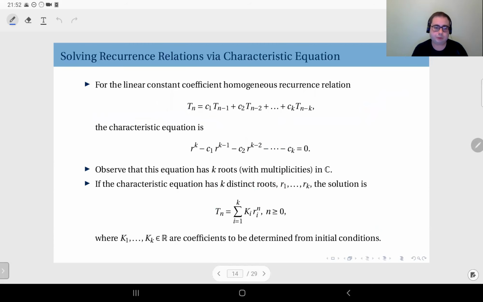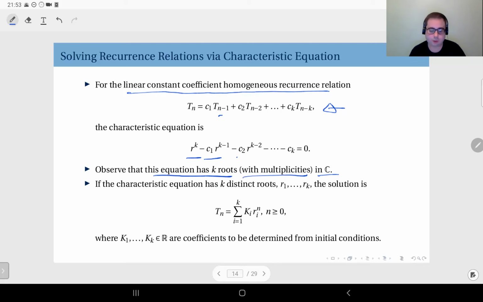Therefore, this is the general picture for the linear constant coefficient homogeneous recurrence relation expressed here. The characteristic equation is r to k minus c1 r to k minus 1 minus c2 r to k minus 2 dot dot dot minus ck equals 0. And this equation has k roots, possibly with multiplicities, so we might have repeated roots in the complex plane.